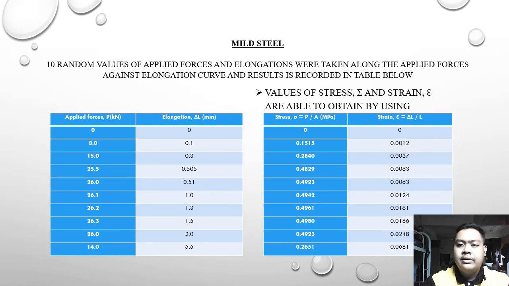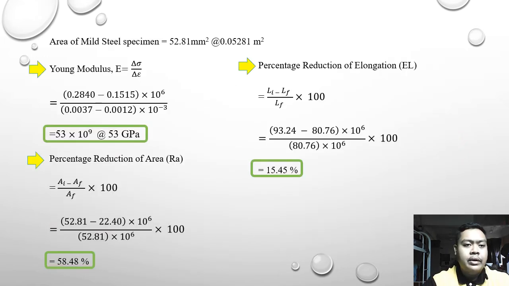Okay, next is the calculation that we get. The same calculation as for the aluminium, but with different values, because it is a different steel.